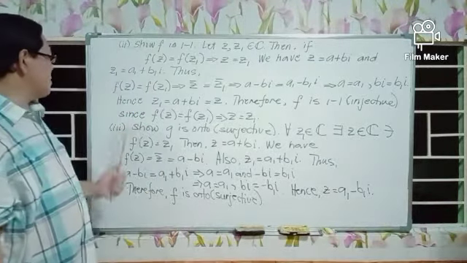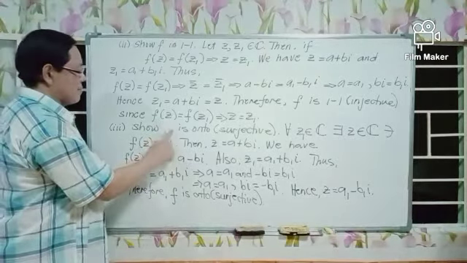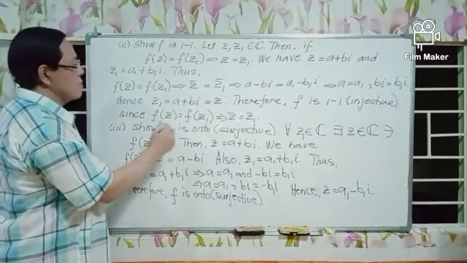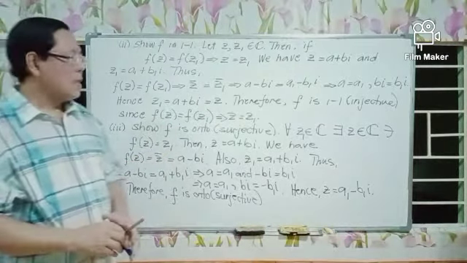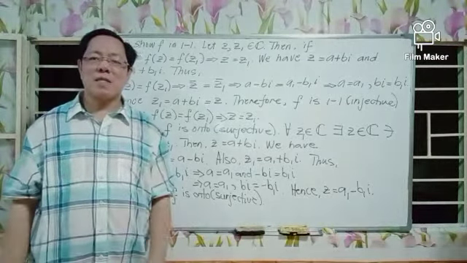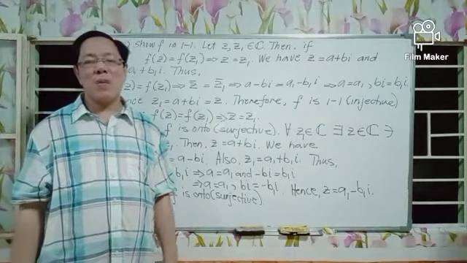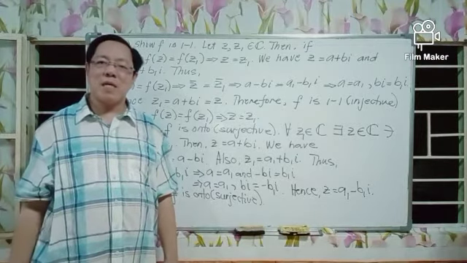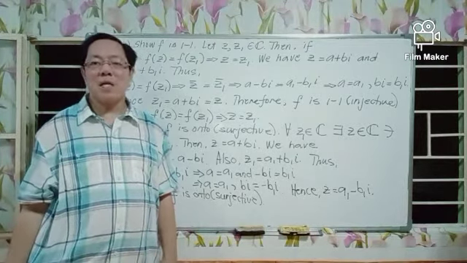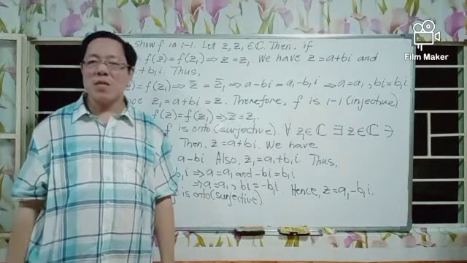And in part 3, we have shown that the function f is onto, or is a surjection. Combining the results in parts 2 and 3, we say that the function f is a bijective function, or is a bijection from C to itself.